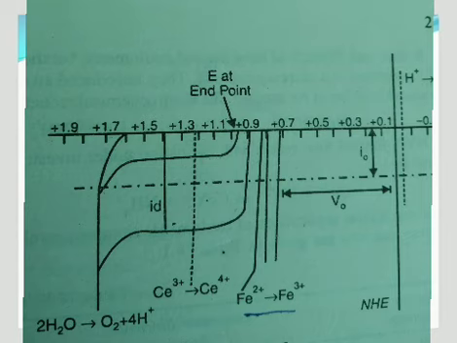Water is decomposed to O2 and hydrogen ions. In the third stage, there is oxidation of cerium 3+ to cerium 4+, with the charge required, when initially Fe2+ is oxidized to Fe3+.